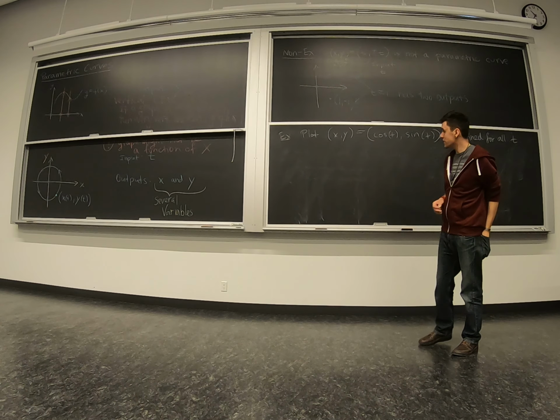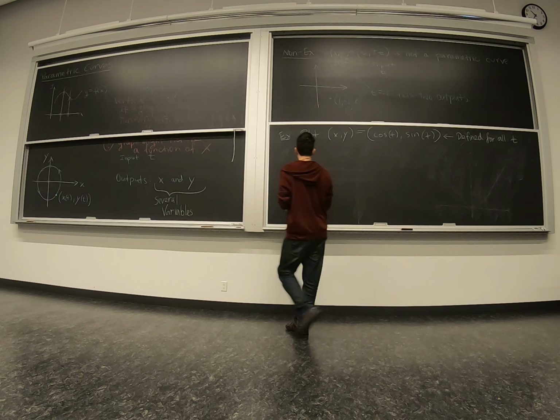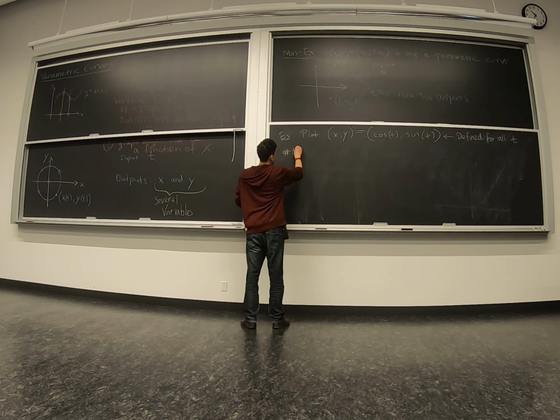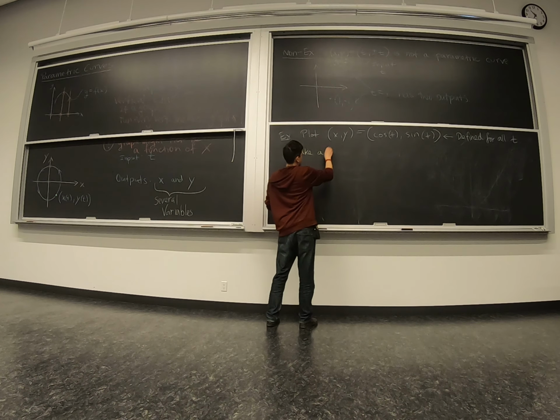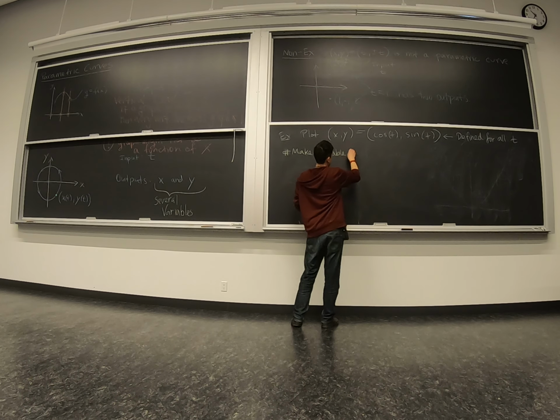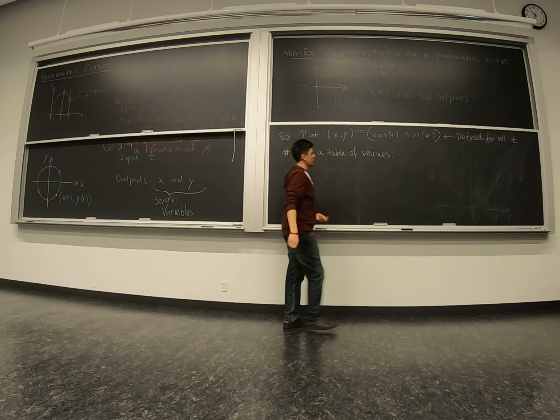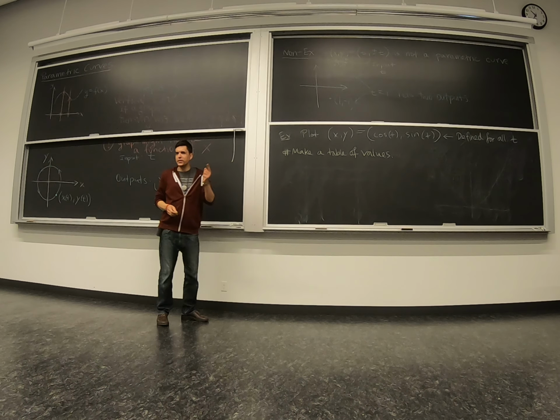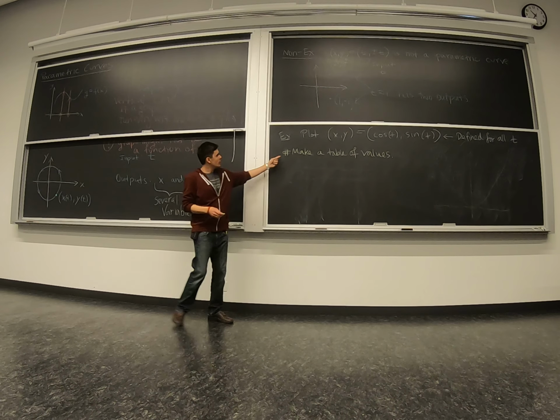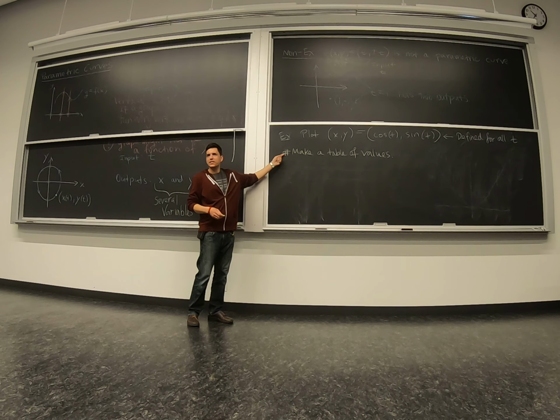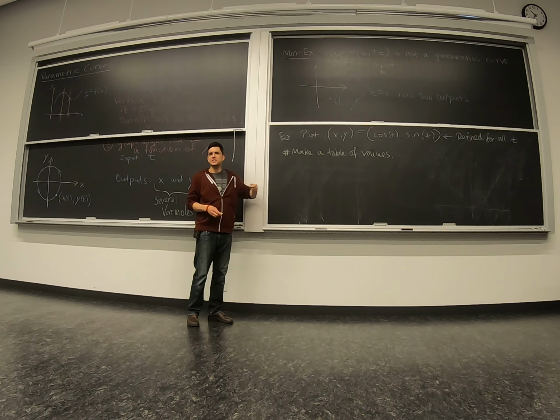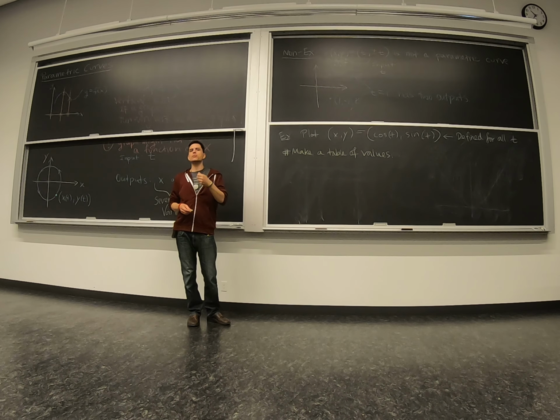So to plot this, we'll make another table of values. I should point something out. When I put these little hashtags, that's signaling that the thing I'm writing down is a comment about the solution.